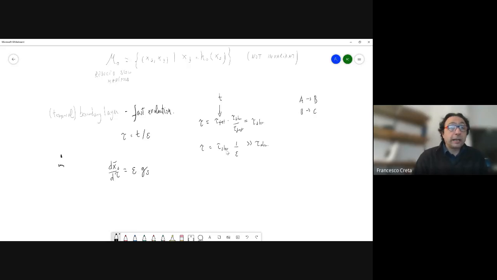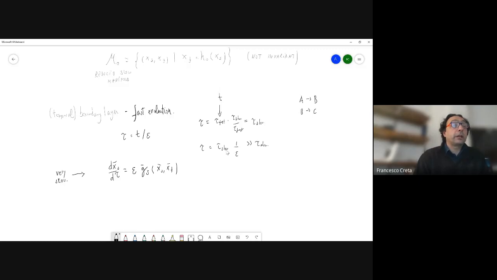So the slow dynamics now has an epsilon in front. Because epsilon is very small, this becomes very slow, because clearly the rate of change, so we'll just write it here, it's very slow.